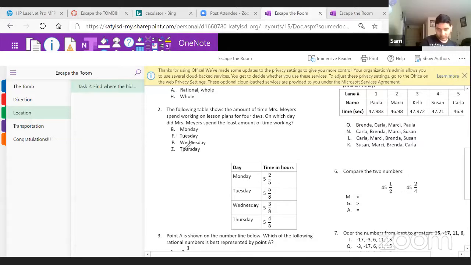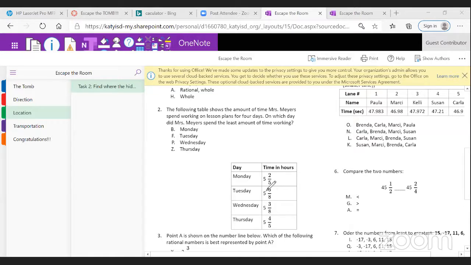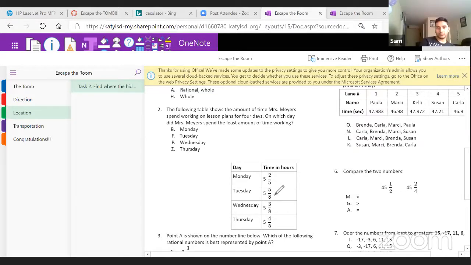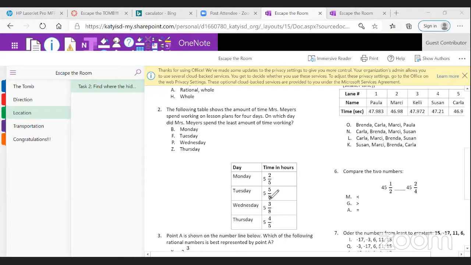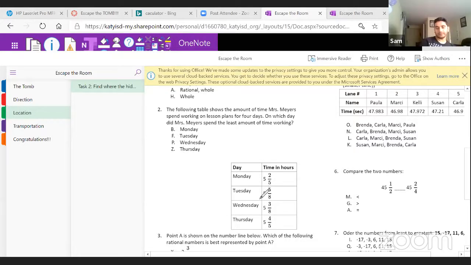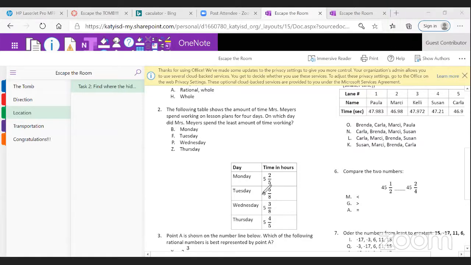So we have to know, okay, so they all have the 5, right? And after that, we have a fraction: 2/5, 5/8, 3/8, and 4/5. So we have to consider which one is the lowest number amongst these. Isn't the biggest fraction the smallest? You have to have the same thing for everything.